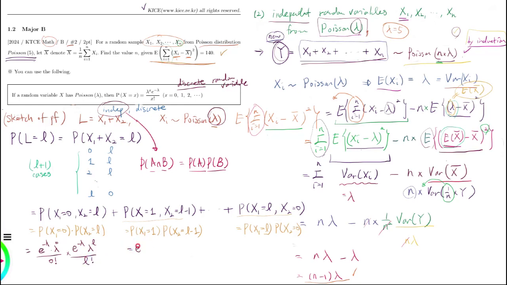This is e to the negative lambda lambda to the 1 over 1 factorial, times e to the negative lambda times lambda to the l minus 1 power over l minus 1 factorial. And by symmetry, this is the same as e to the negative lambda lambda to the l over l factorial times e to the negative lambda lambda to the 0 over 0 factorial. Okay.